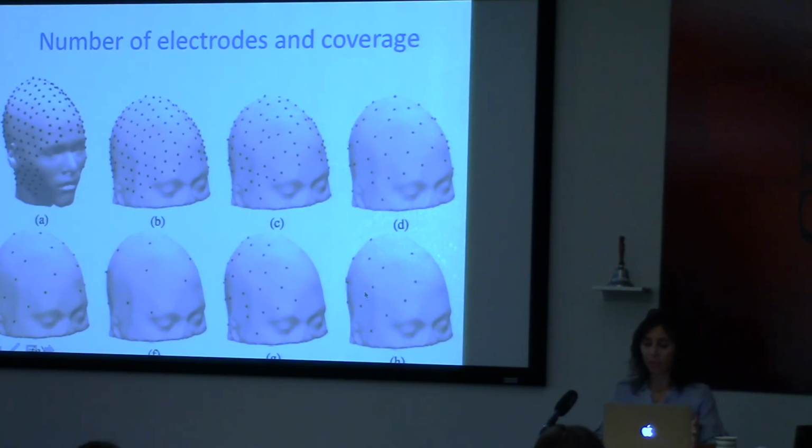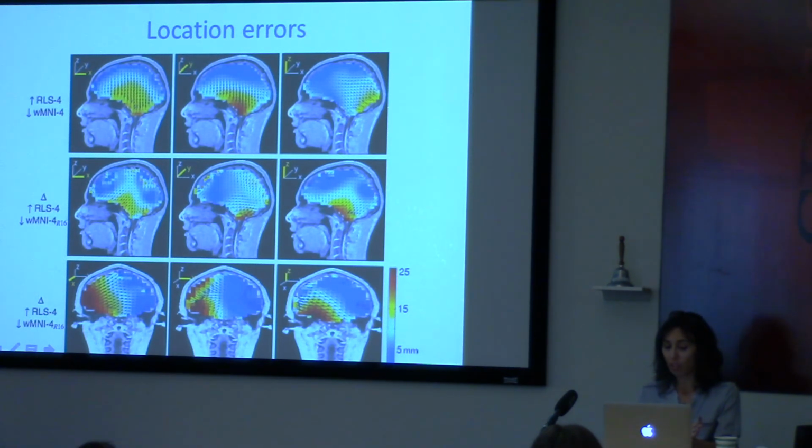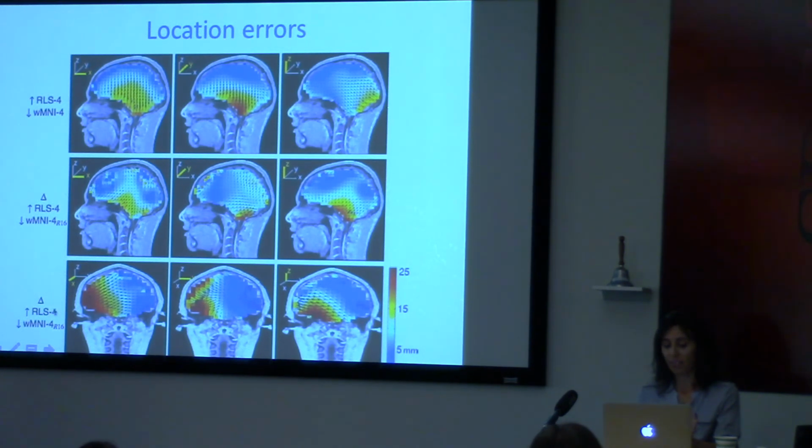So the location errors, this is what we get if we solve the inverse problem with the warped MNI model, but if we solve it with only 16 electrodes, then this would produce really large errors. And if the electrodes are located only on one side of the head, then the error goes up to almost 5 centimeters.